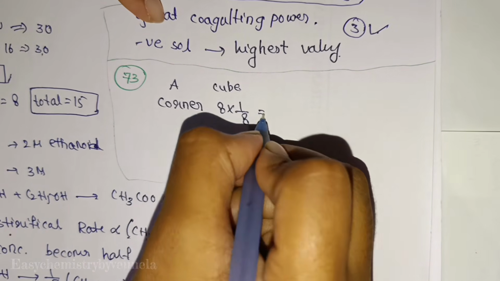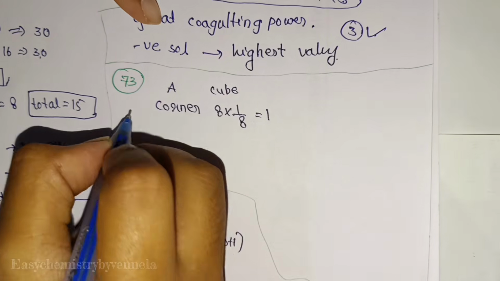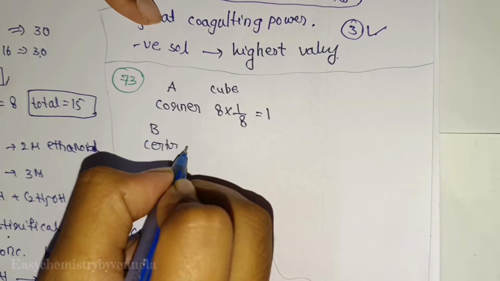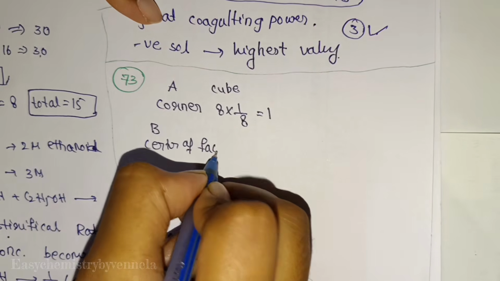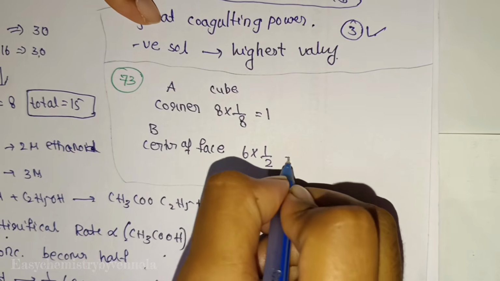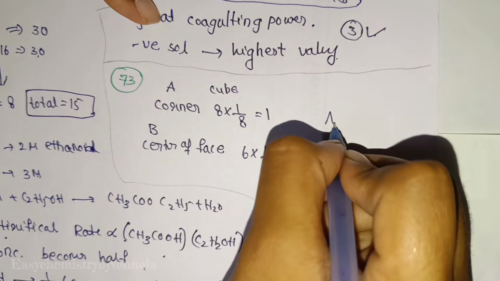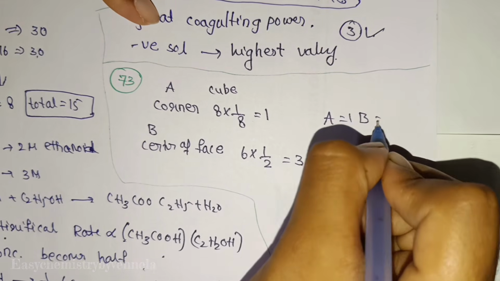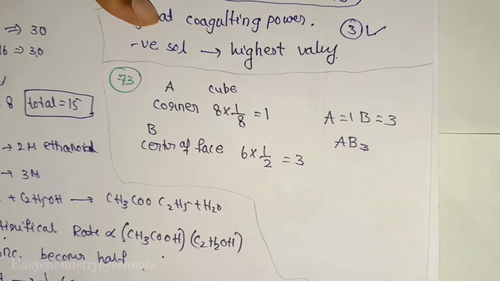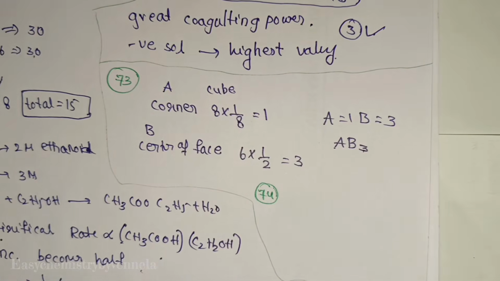This is for cube. That is equal to 1. Next, B occupies the center of faces. So how many faces? 6 into 1 by 2. Total 3. A is equal to 1, B is equal to 3. Formula is AB3.